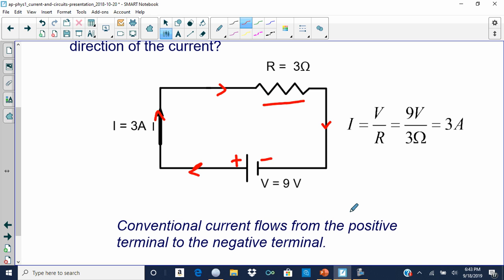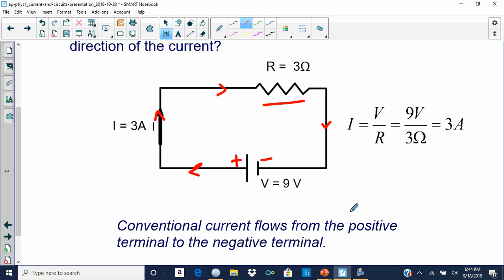Okay, and so for years they had defined the direction of the current being from positive to the negative. Okay, we know now that the electrons are what moves, but it's okay because as the electrons move from the negative terminal to the positive, it effectively looks like the positives are moving from the positive to the negative.